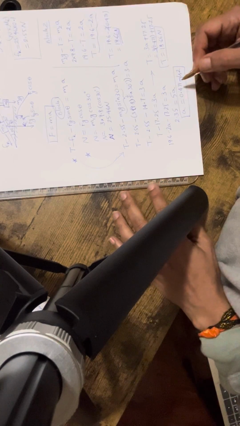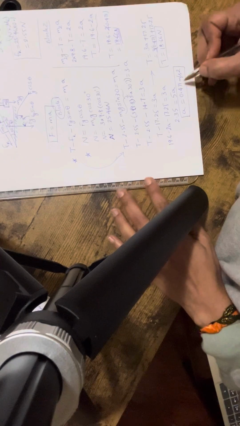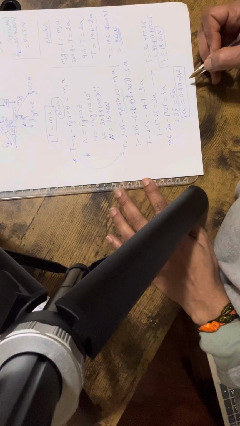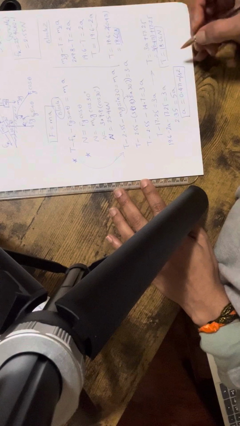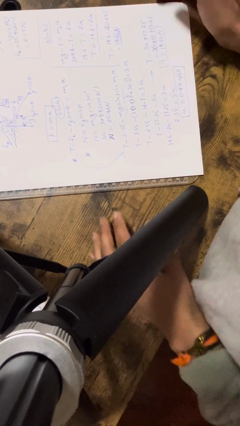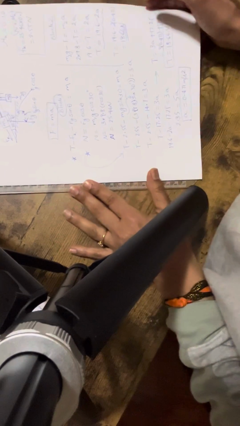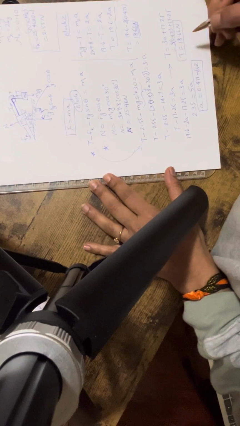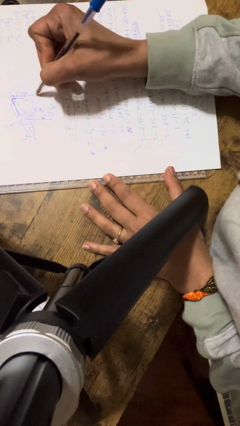So then they're asking the direction. Since we got a positive direction, that means this is the clockwise direction, right? So if you see now, like I said, M2 moves down.